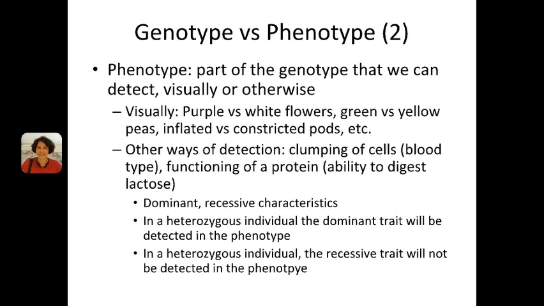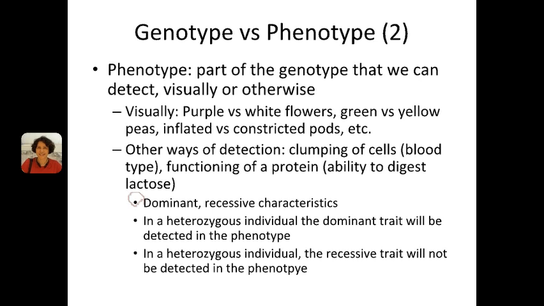The functioning or lack of functioning of a protein, for example, if an individual can digest lactose, that is also part of a phenotype. In general, a phenotype can be dominant or recessive. In the case of the flower color, the purple color is a dominant characteristic, and white flower color is recessive.